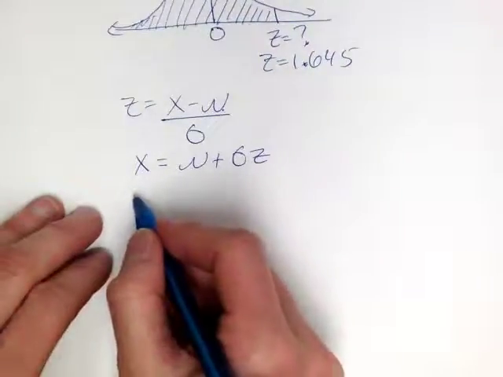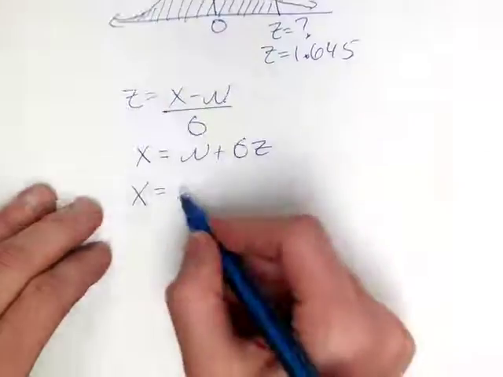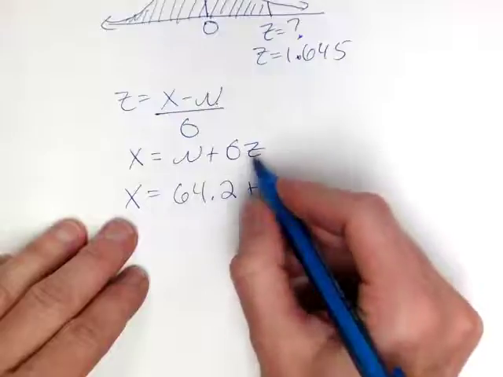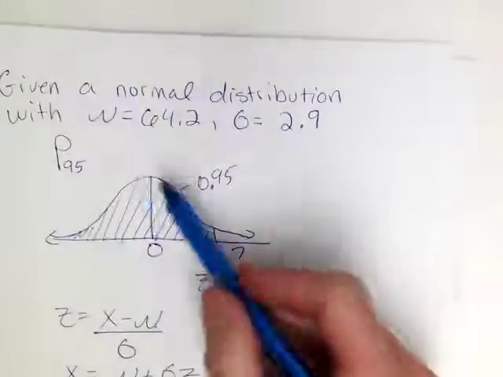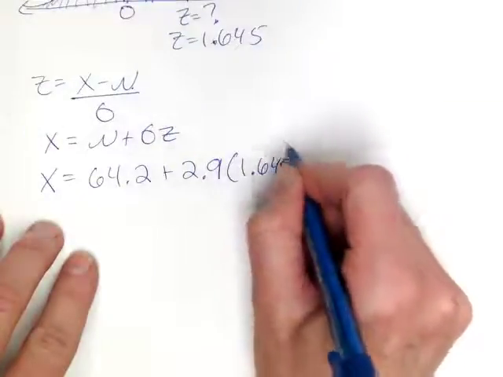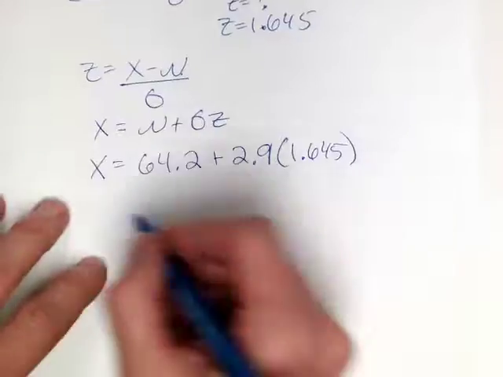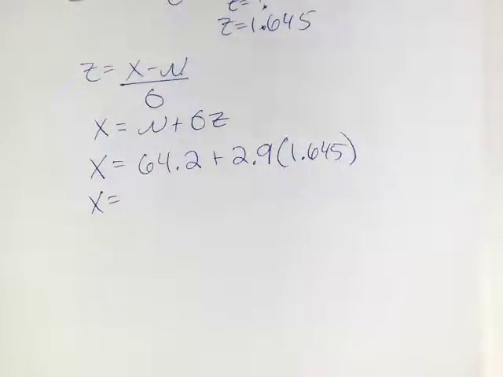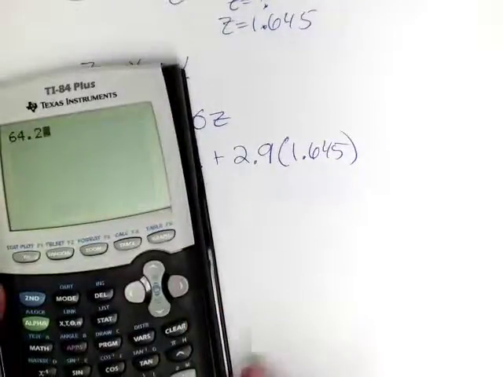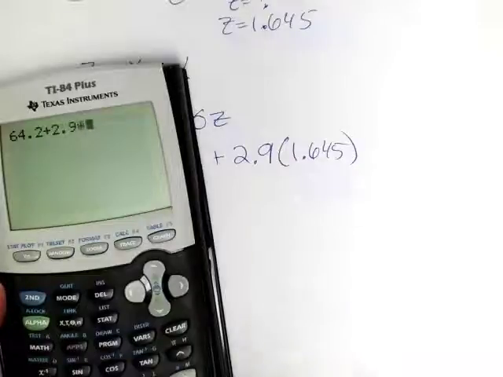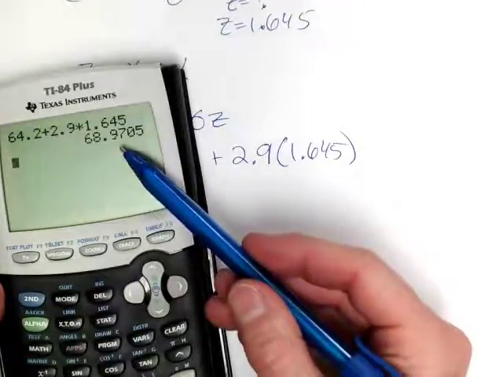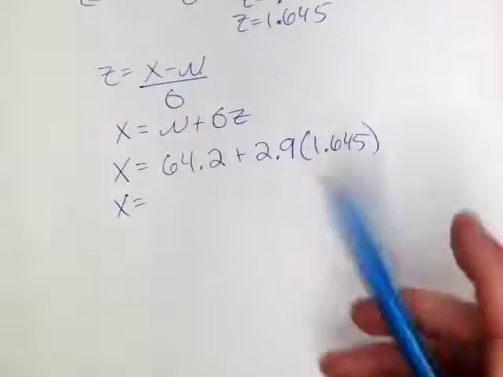Okay, so to unstandardize, to get that x value, I'm going to put in mu of 64.2 and then plus sigma, which was given to be 2.9 from the problem, and then times this z-score of 1.645. Doing that calculation, 64.2 plus 2.9 times 1.645, it's about a height of 68.97 inches.